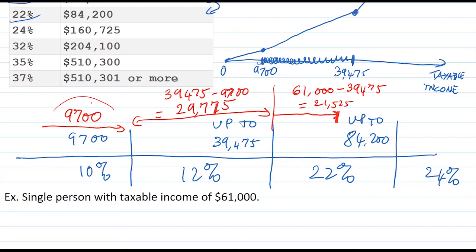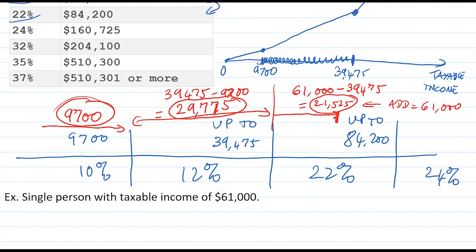So here's the idea. The 9,700 is subject to the 10%. The 29,775 is subject to the 12%. And the 21,525 is subject to the 22%. If you add these three pieces together, you get 61,000. So basically, you take the taxable income of 61,000, you break it into pieces, one piece in the lowest bracket, and then whatever is left, whatever fits in the next bracket goes in there.